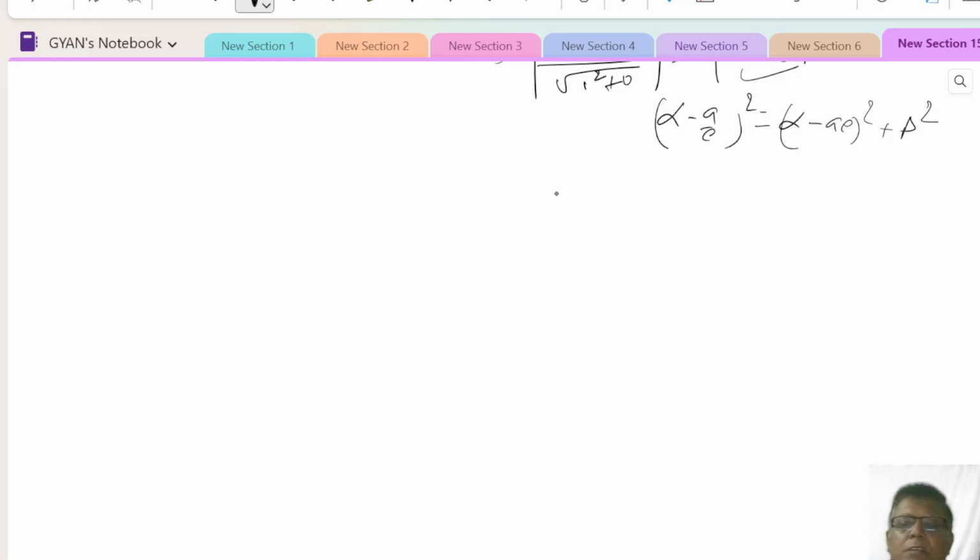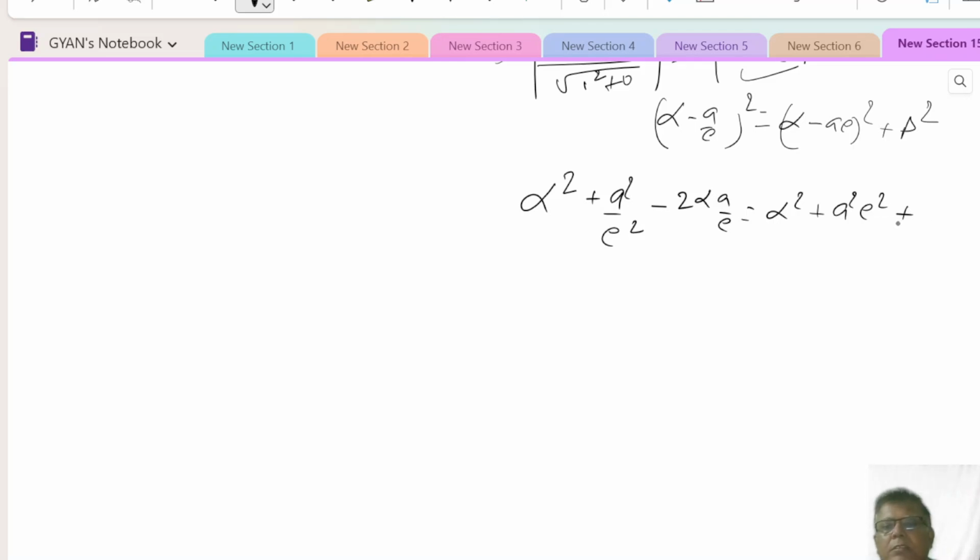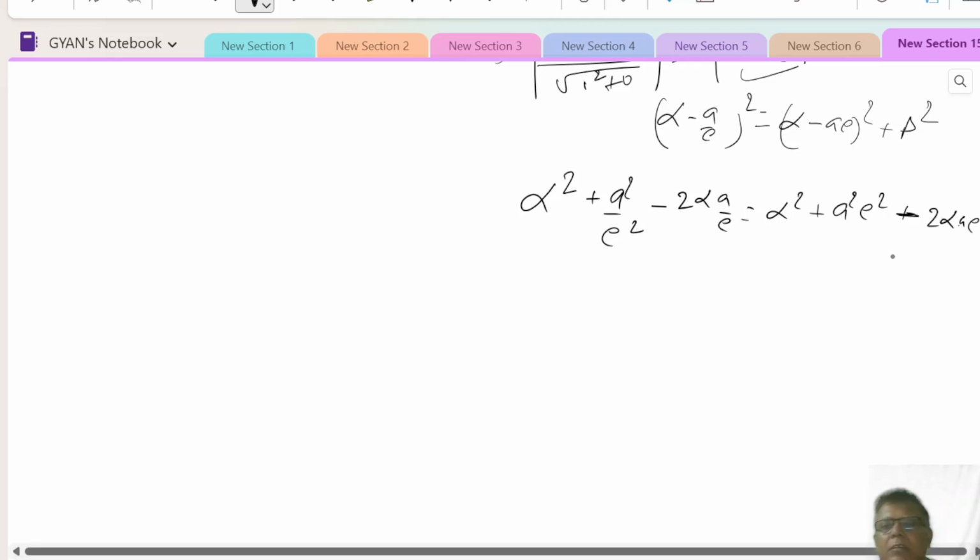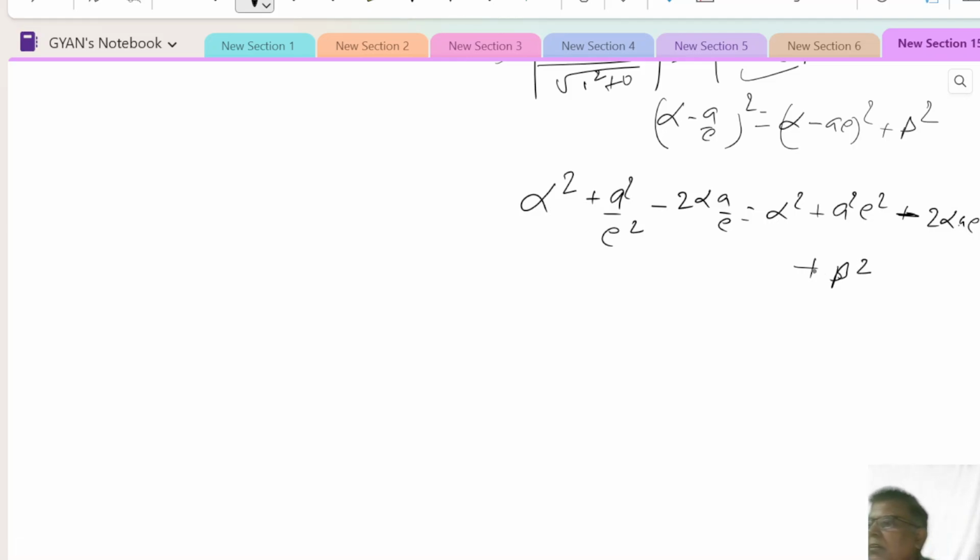So that is alpha square plus A square by E square minus 2 alpha A by E is equal to alpha square plus A square E square minus 2 alpha A E plus beta square.